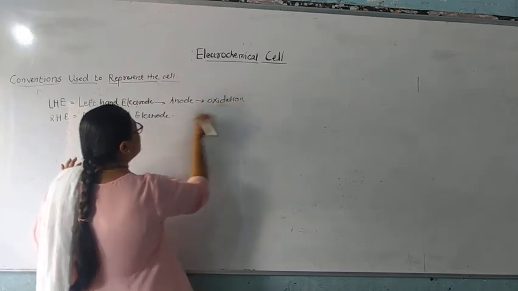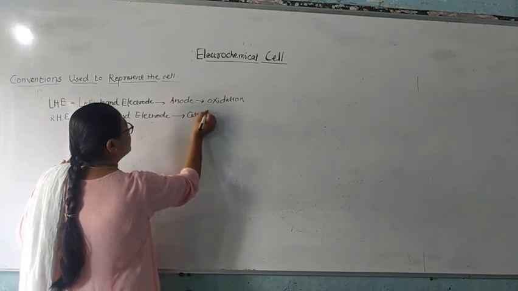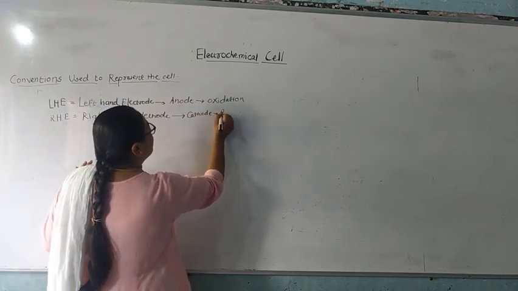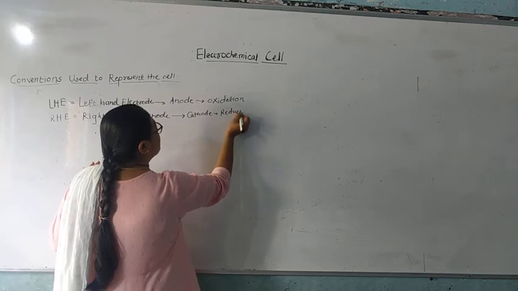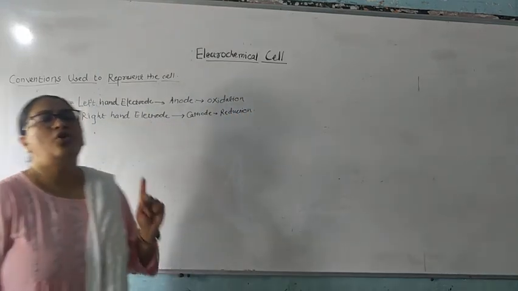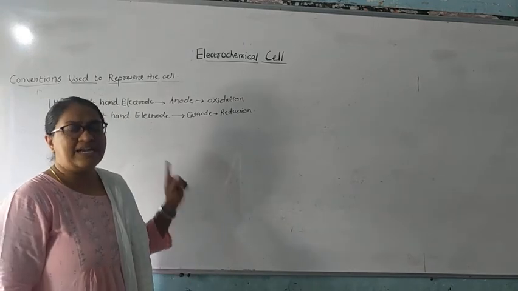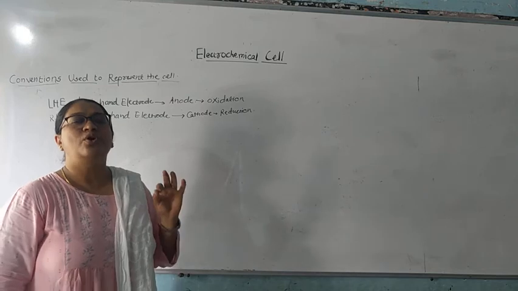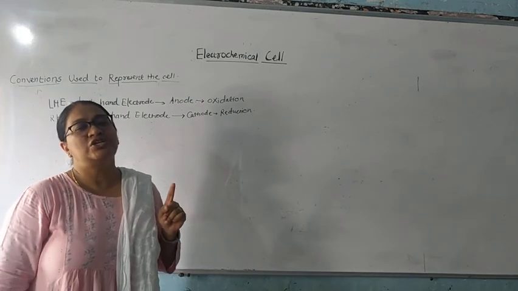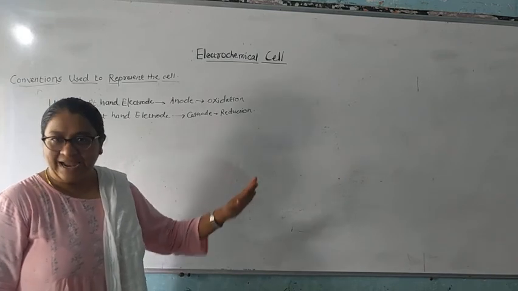This is the cathode, where the reduction reaction is occurring. So this is the first convention: the electrode on which oxidation is occurring is always written on the left hand side, while the electrode on which reduction occurs is written always on the right hand side.